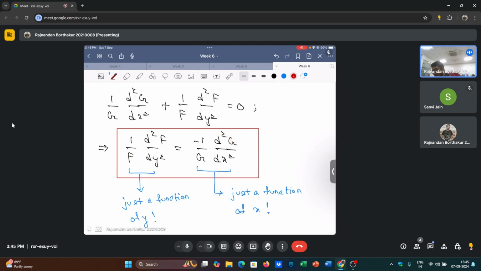when this is equal to some constant, and this constant we will denote as some lambda square. Now why are we using lambda square and not lambda cube or lambda to the power 4? This is on a trial and error basis. This lambda is actually known as the eigenvalue.